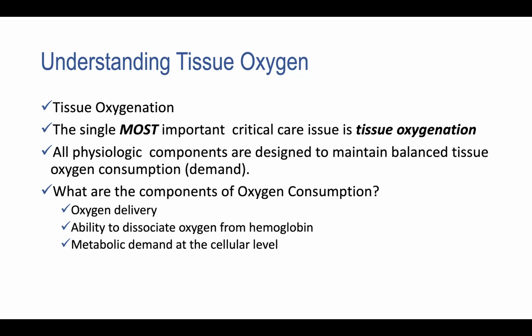So remember, you might not be measuring cardiac output, but what you're able to do with the mixed venous or central venous gas is look at the amount of oxygen that has been released from the hemoglobin. It gets released when it flows through the capillaries to deliver oxygen to the cell.